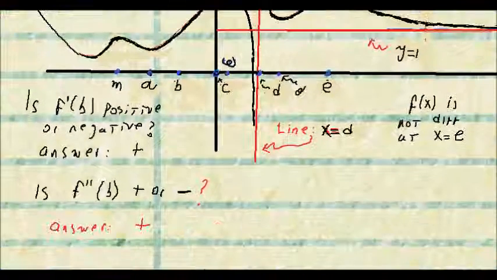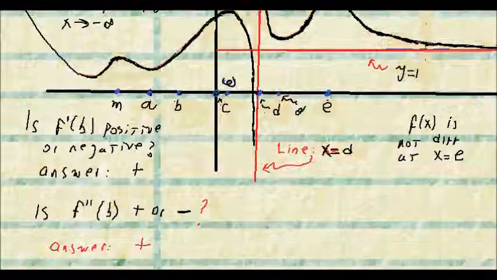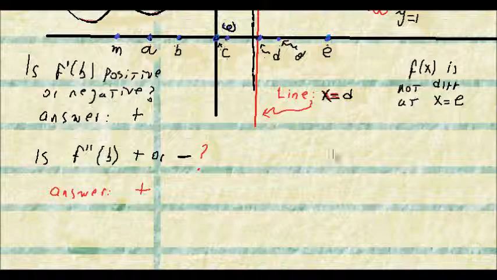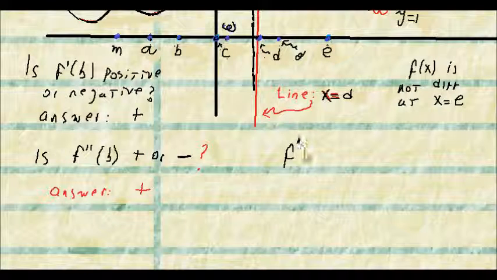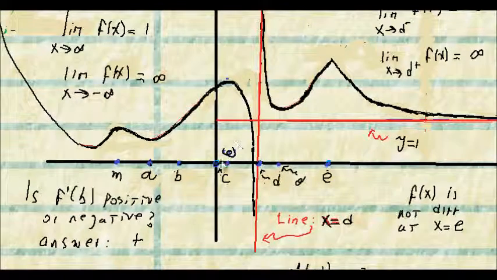Because the tangent line at omega is horizontal, we know right away that the slope of a horizontal tangent line is going to be 0. So f prime of omega is going to be equal to 0.